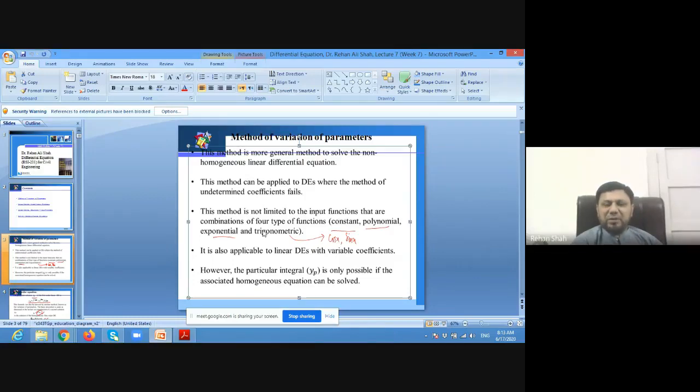There are many functions that may exist at the right hand side, and you can find the particular solution using this method. So this is not a limited method for only specific types of functions.